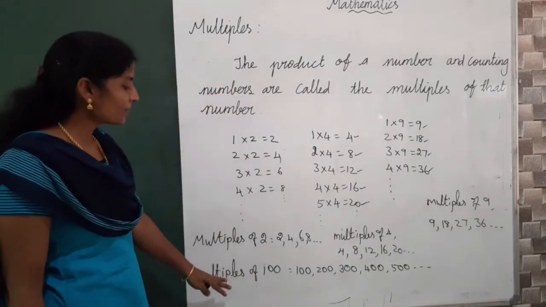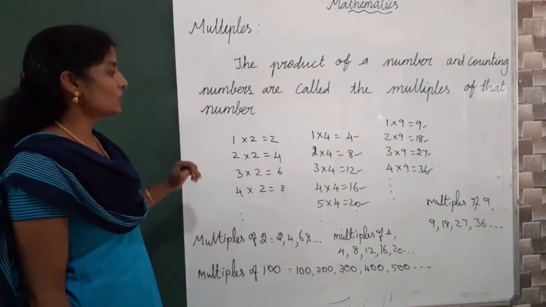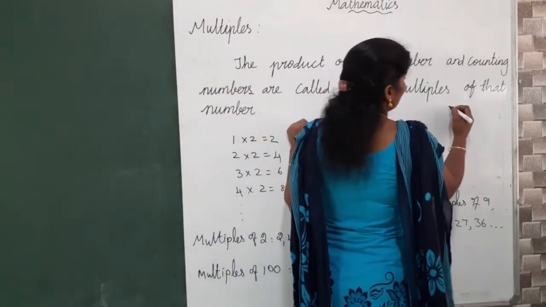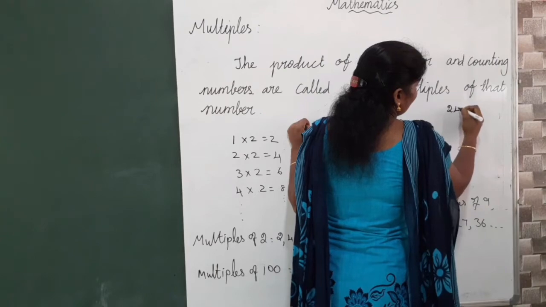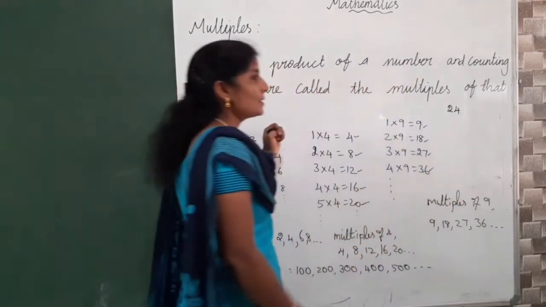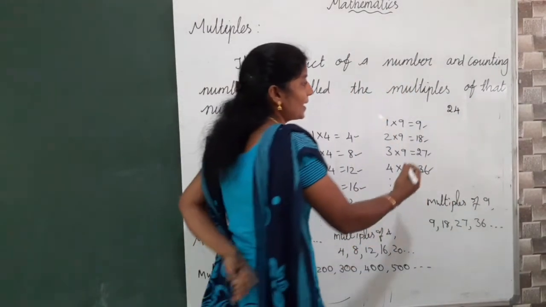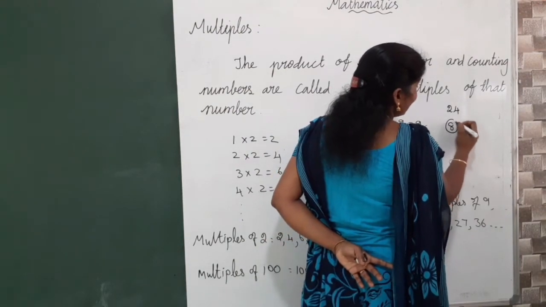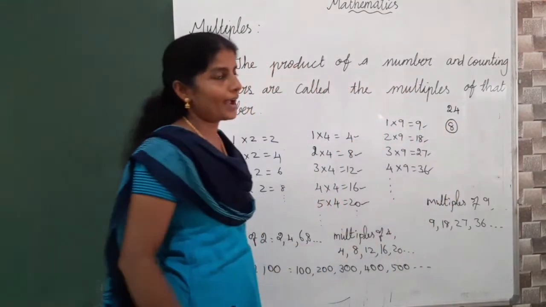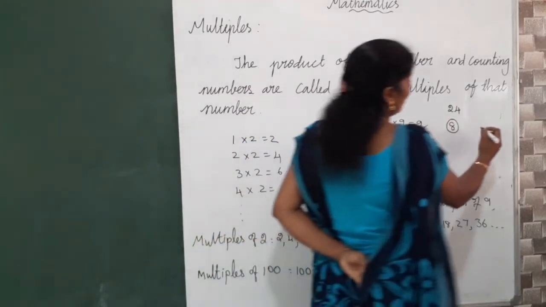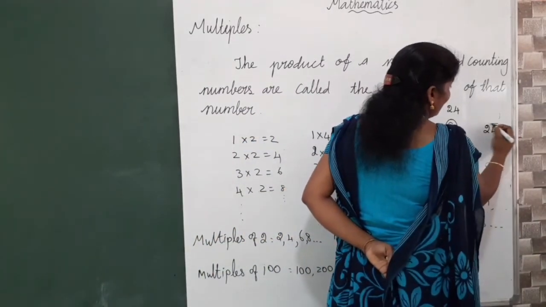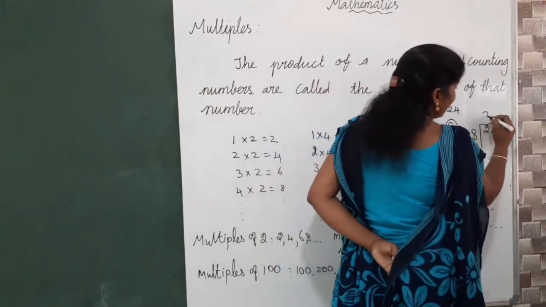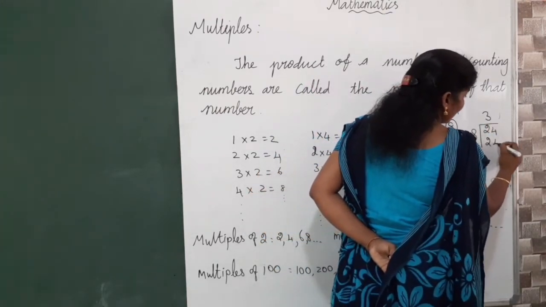Are you clear? Okay. Now, what is multiples? Suppose 24. 24 is a multiple of 8, isn't it? How can you find? Now, 24 divided by 8: 8 threes are 24.